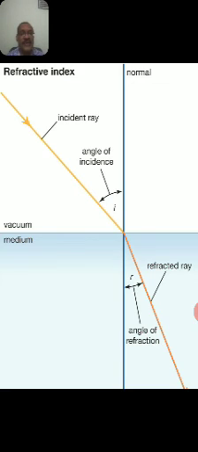The normal is the blue vertical line. You observe the angle of incidence I. After passing from vacuum into the medium, the ray is refracted. The angle between the normal, the vertical blue line, and the orange line is called the angle of refraction.